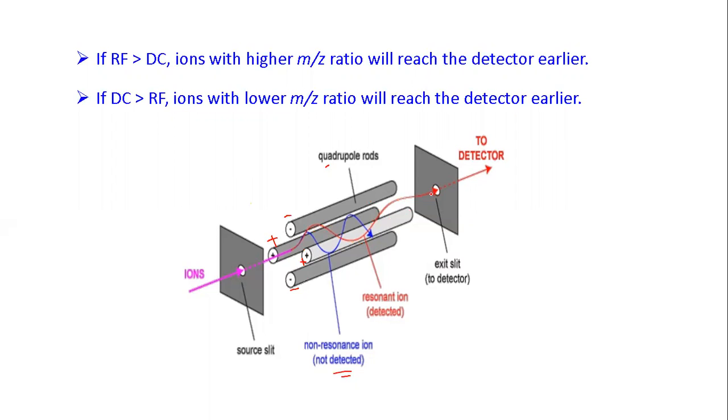And based on the M by Z, which one will be reaching, whether the higher or lower, that will be governed by what type of RF and DC you are utilizing. If RF is higher than DC, then the higher M by Z will reach faster. And if DC is higher than RF, the lower M by Z will reach faster to the detector.